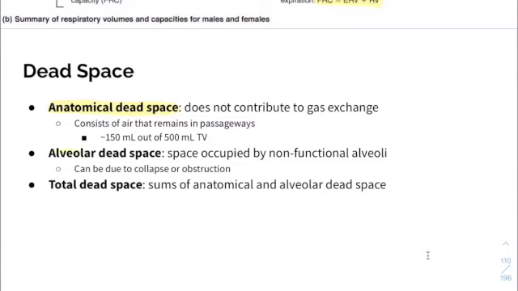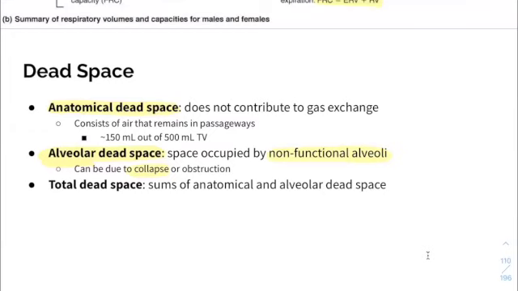We have alveolar dead space. We have some alveoli that are not functional. That makes up our alveolar dead space. There's lots of causes, but if we don't have surfactant in our alveoli, that causes our alveoli to collapse. Could be from an obstruction.